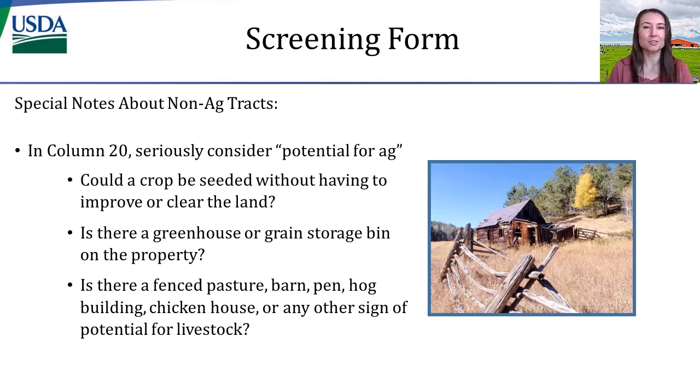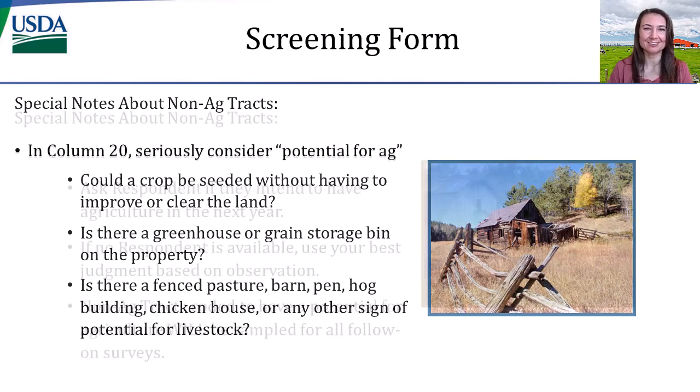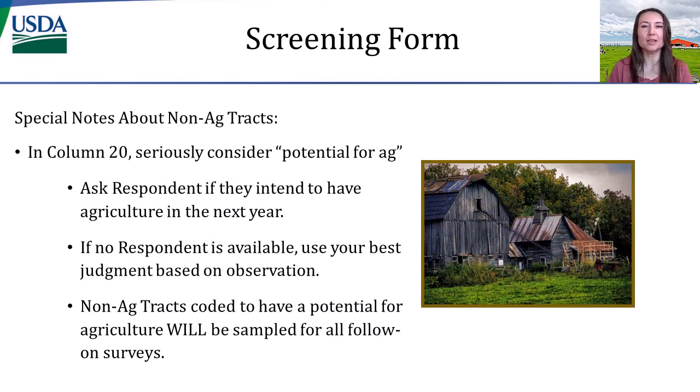Is there a fenced pasture, a barn, a pen, a hog building, a chicken house, or any sign of other potential for livestock? Ask the respondent if they intend to have agriculture at any time between now and the next 12 months. If there's no respondent available, then you need to use your best judgment based on observation.